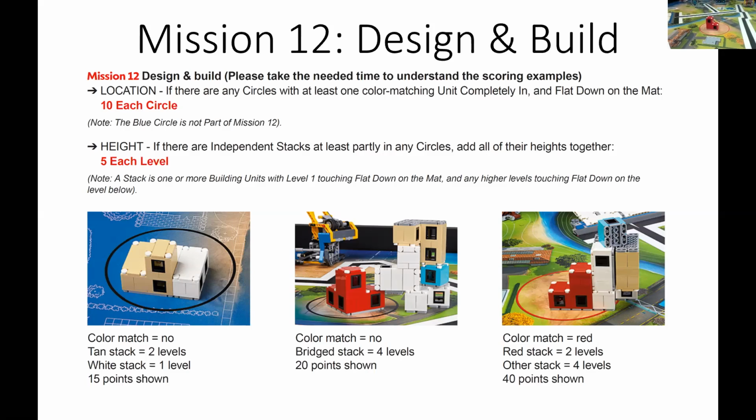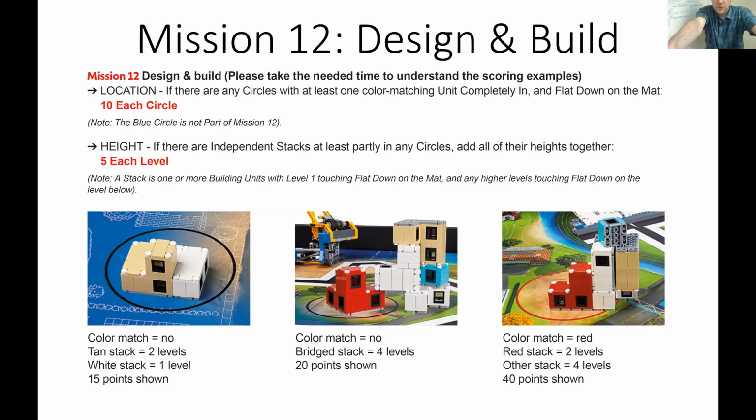If I also manage to put a tan unit out here, and a white unit out there, this is a tan circle, and this is a white circle. And it does mention that the blue circle is not part of mission 12.